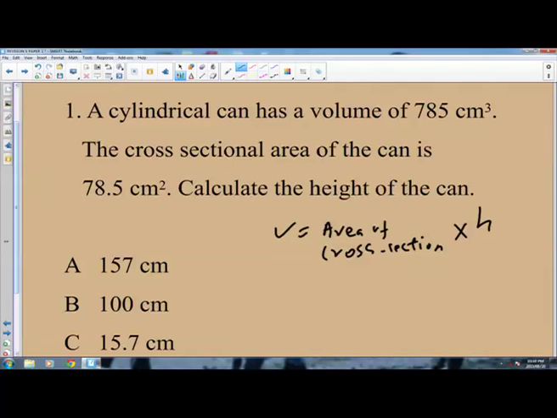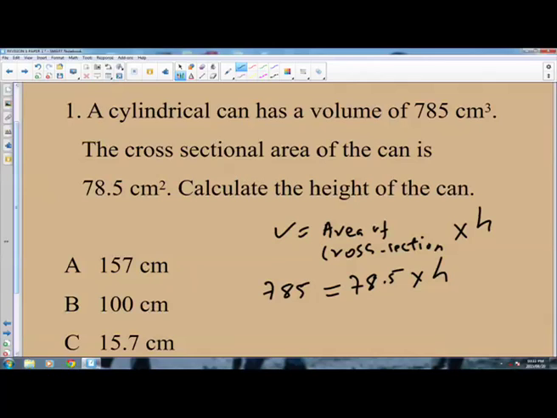So we can simply substitute for V. So we'll have our V as 785. It's equal to the area of the cross-section. And then what is the area of the cross-section? We are given the area of the cross-section as 78.5. So we'll substitute for the area of the cross-section. So we'll have 78.5 here times h, which is what we are expected to calculate.